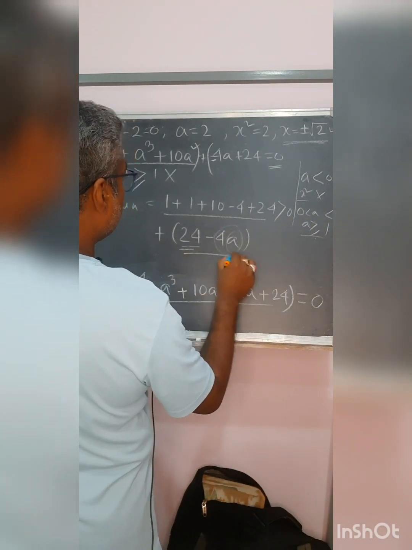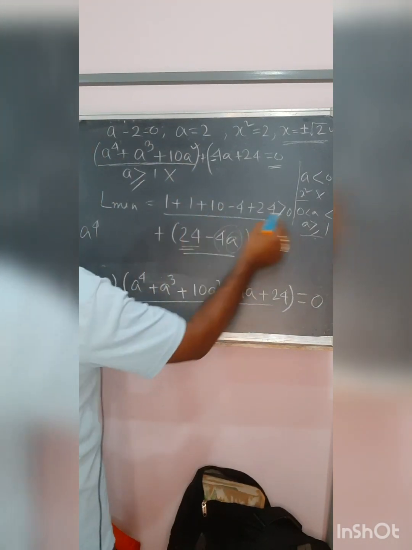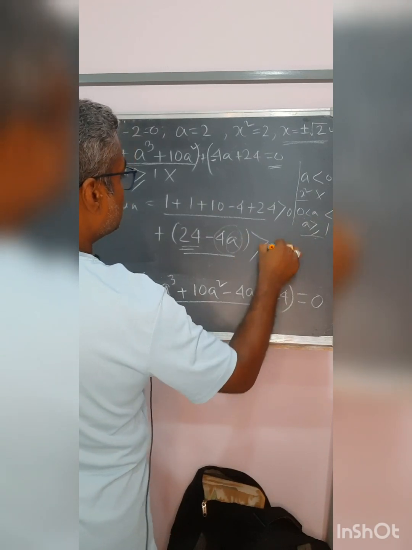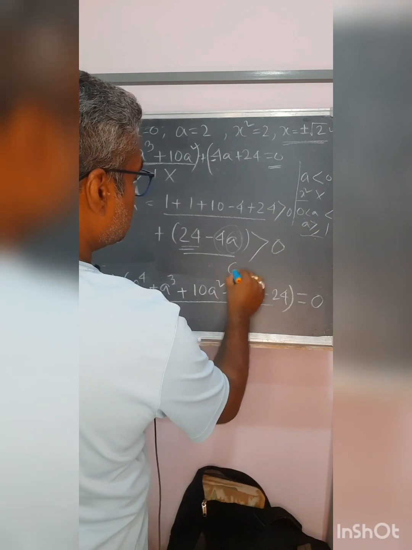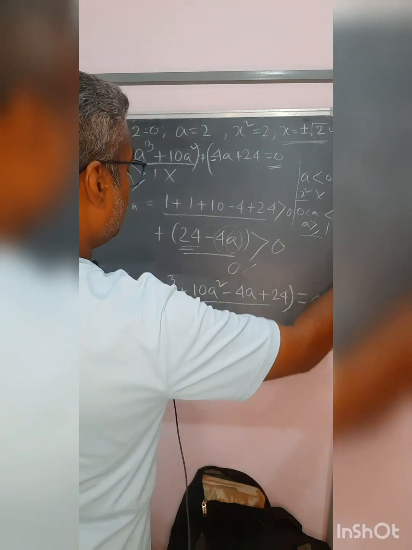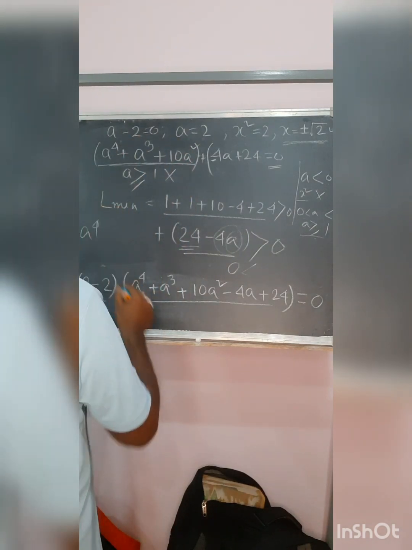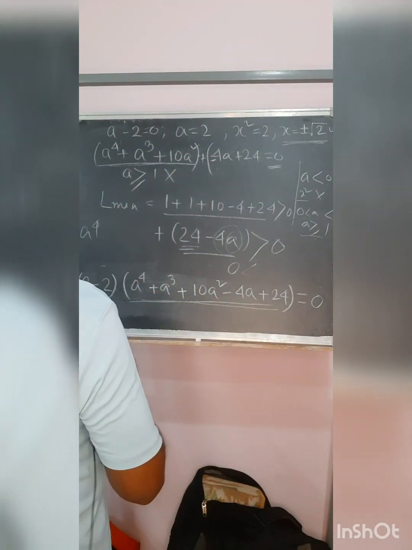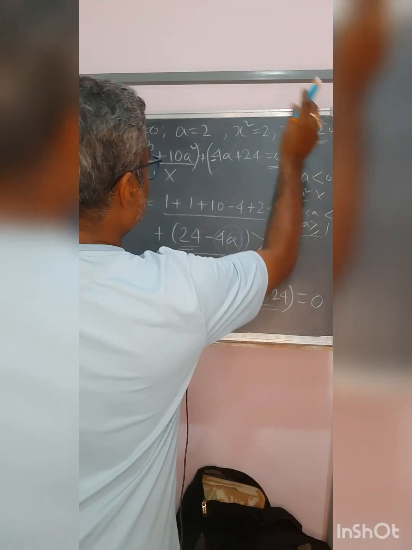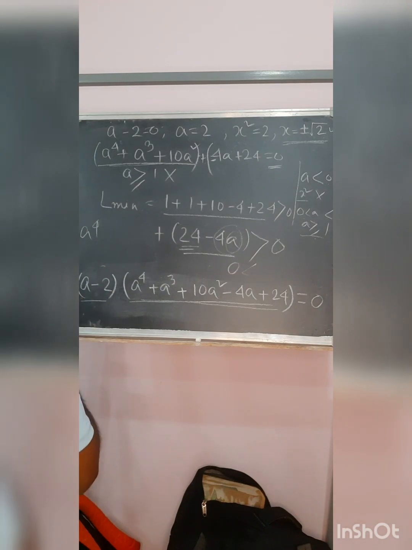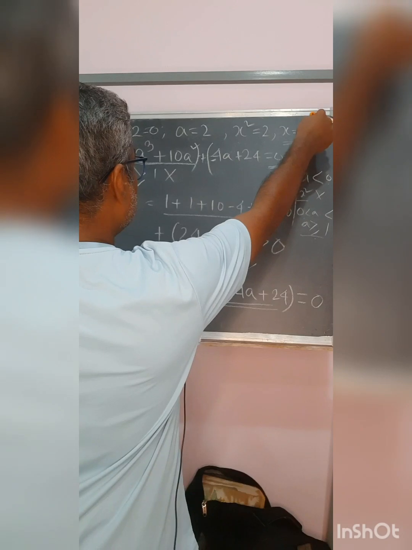So, this is also positive, this is also positive. That means the total value of this for 0 to 1 is also greater than 0. So, for any value of a, I will not get any real solution out of this equation. So, the only solution I will get is x square equal to 2, that means x equal to plus minus root 2. So, here comes your solution, the real value of x is plus minus root 2.